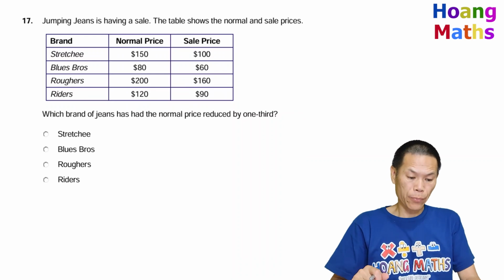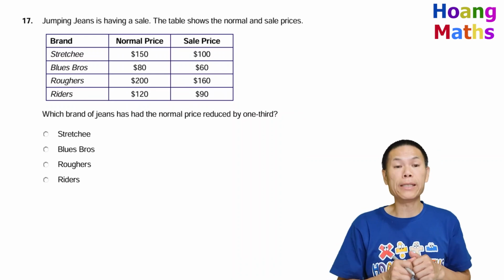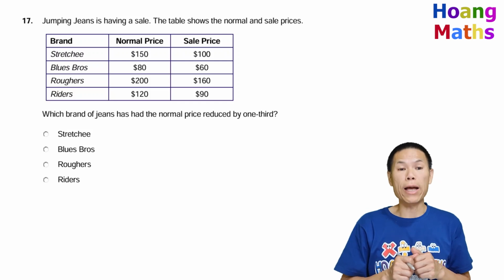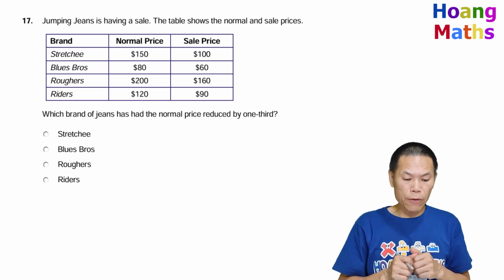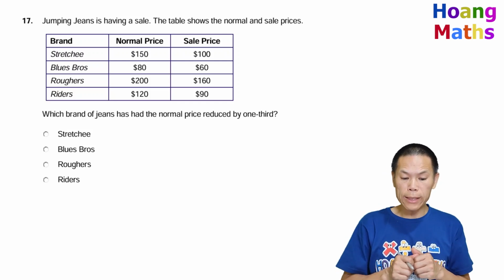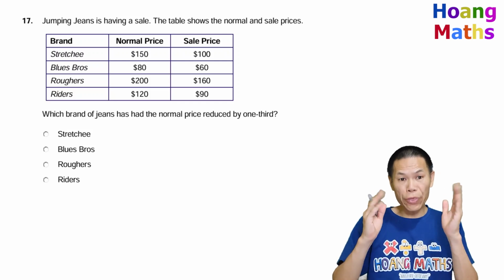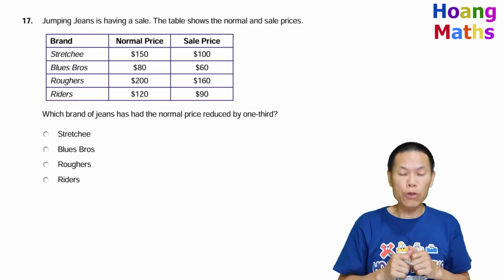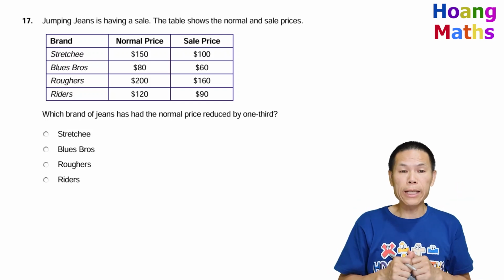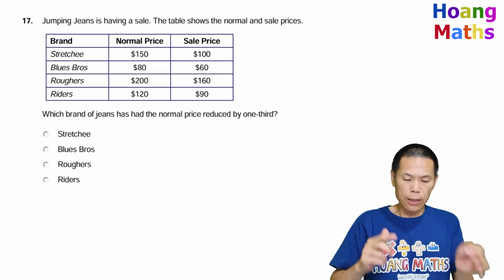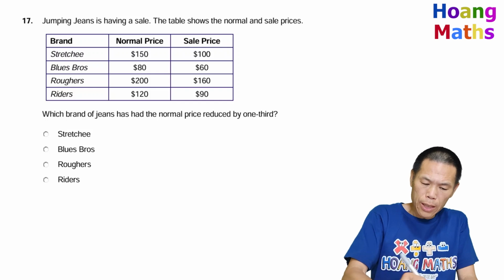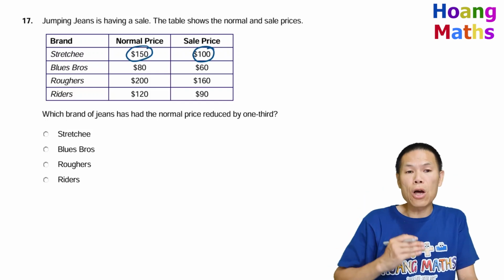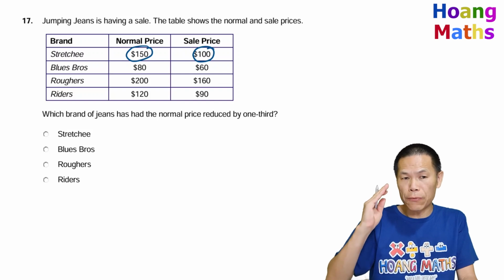Question 17. Jumping Jeans is having a sale. The table shows the normal and sale price. Which brand of jeans has the normal price reduced by 1/3? So in other words, we need to work out the one that is discounted by 1/3. So the first one is from 150 to 100. So $50 reduced, right? So the discount is 50.